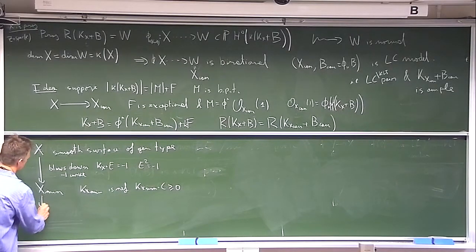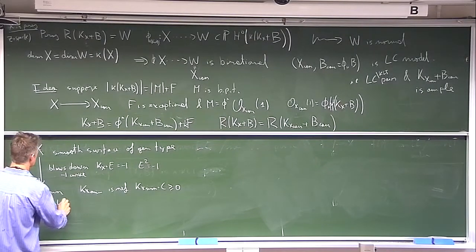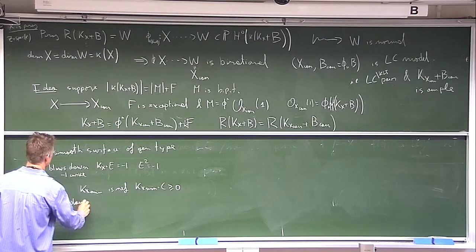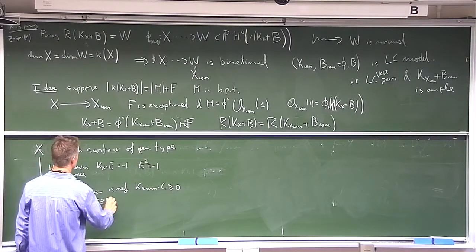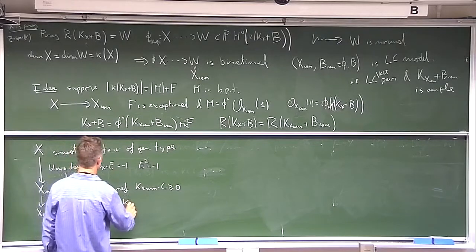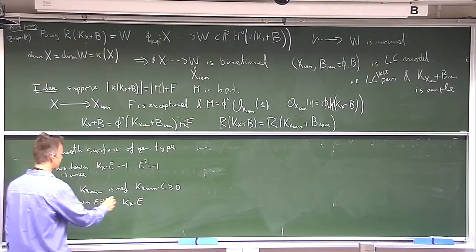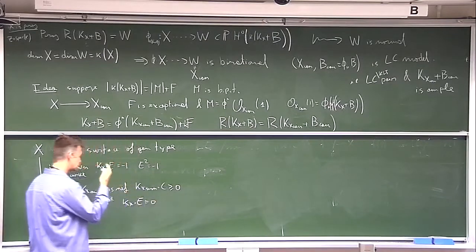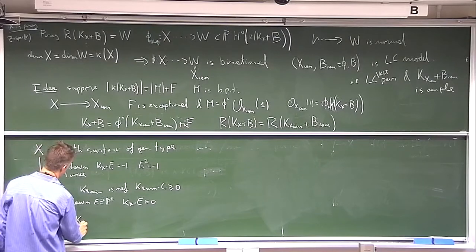So to get your canonical model, now you can blow down rational curves which are sort of 0 curves. So the intersection with these exceptional divisors is going to be 0. So you blow down K-trivial curves, and then you end up with mild singularities.